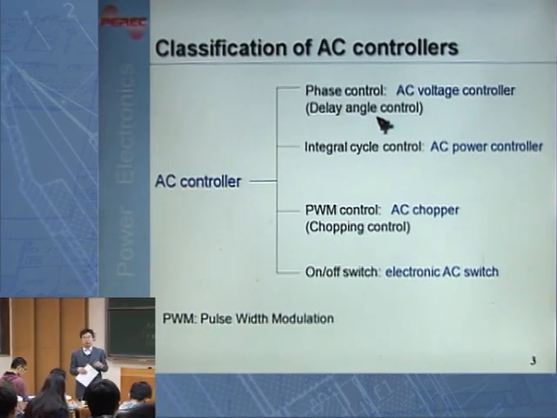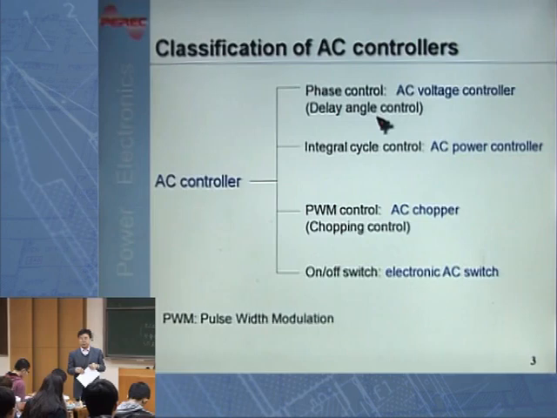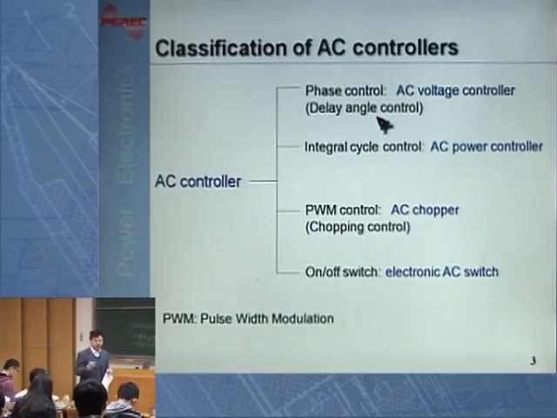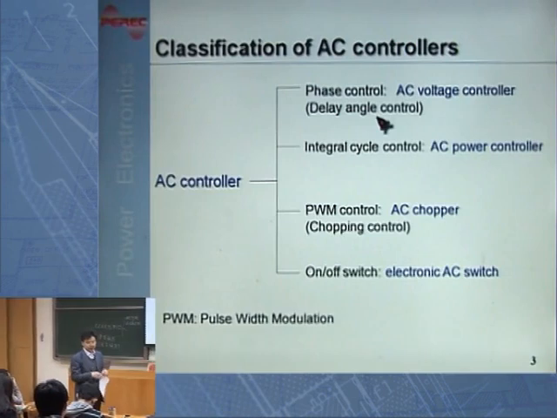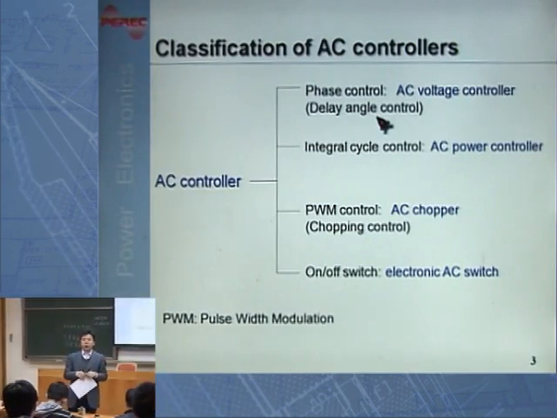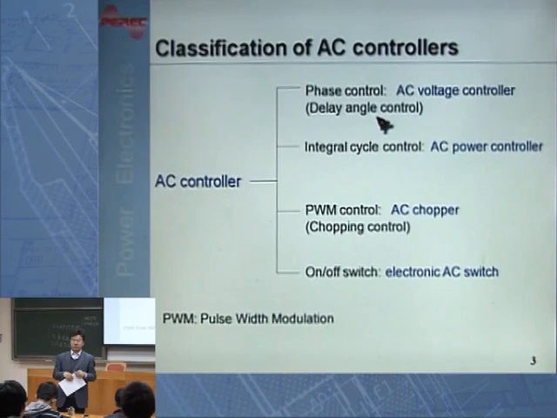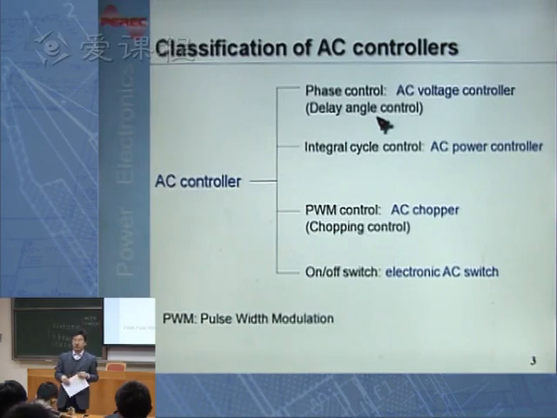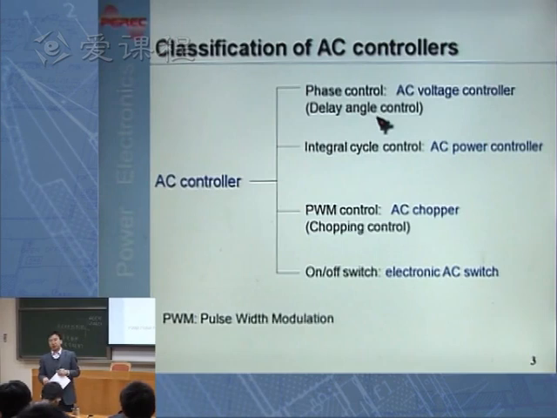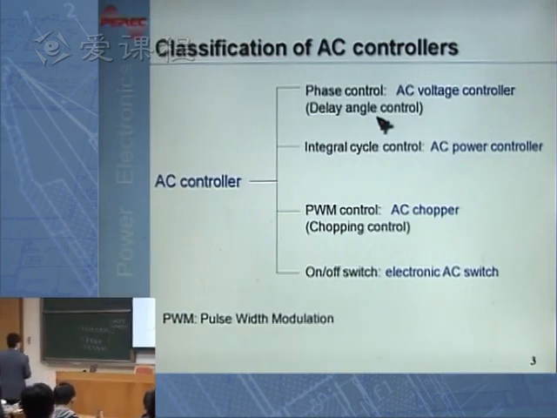That's called phase control, because we are controlling at what phase angle we send the turn-on signal to each of the thyristors in the circuit. By changing this triggering delay angle, we can adjust the average output voltage. So that is exactly phase angle control, or phase control, or delay angle control. So we have seen this before.